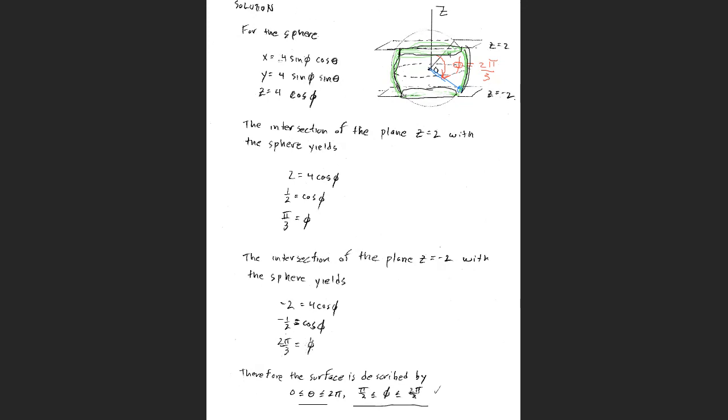And actually, hold on. This should be 2 pi over 3 here. It's not a cylinder, Jamal. It's like a part of a pumpkin. Think of taking a pumpkin and chopping off the top part, like slicing it horizontally, top portion of the pumpkin and bottom portion of the pumpkin.